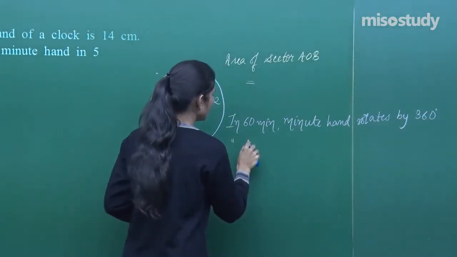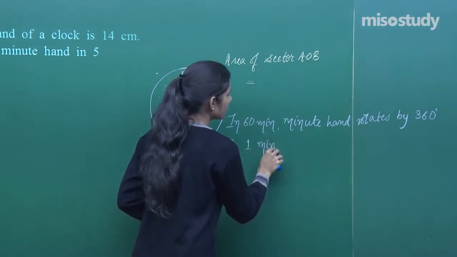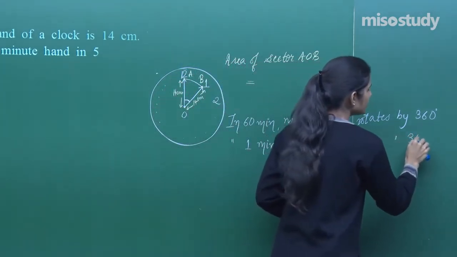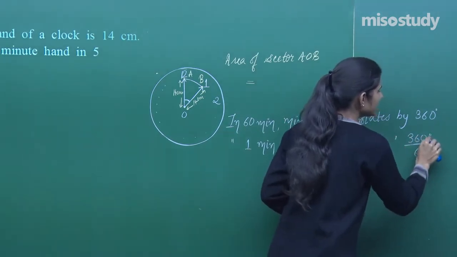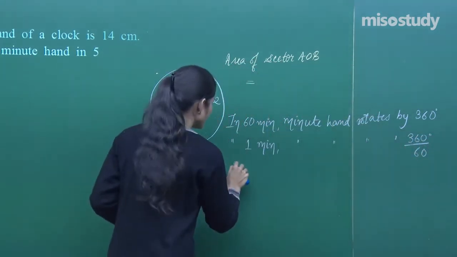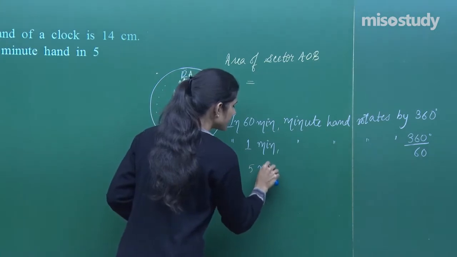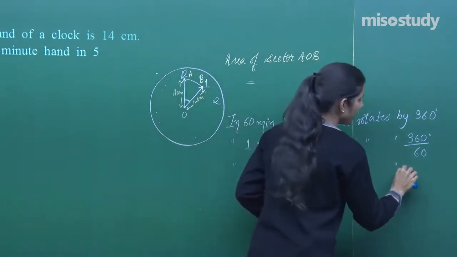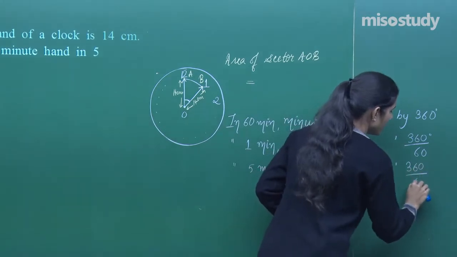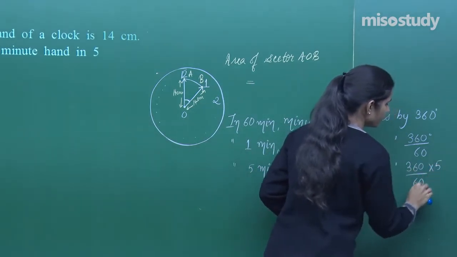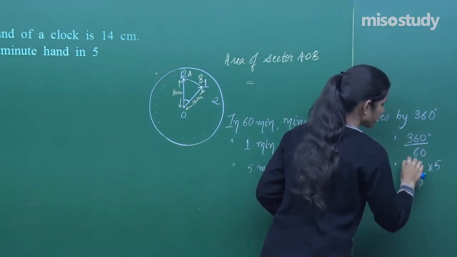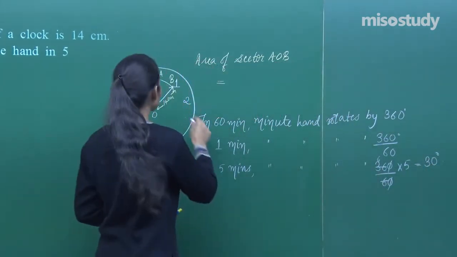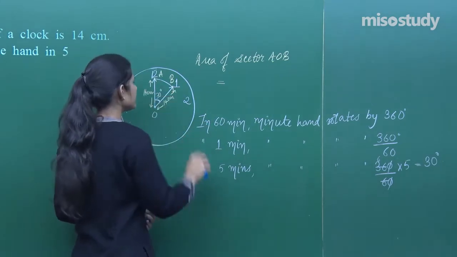So in 1 minute, the minute hand will rotate by 360 upon 60 degrees, and therefore in 5 minutes, the minute hand will rotate by 360 upon 60 into 5, which is 30 degrees, and therefore the angle is 30 degrees.